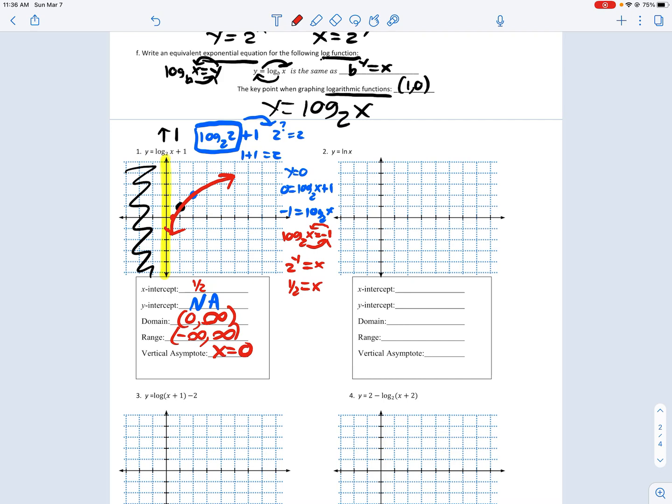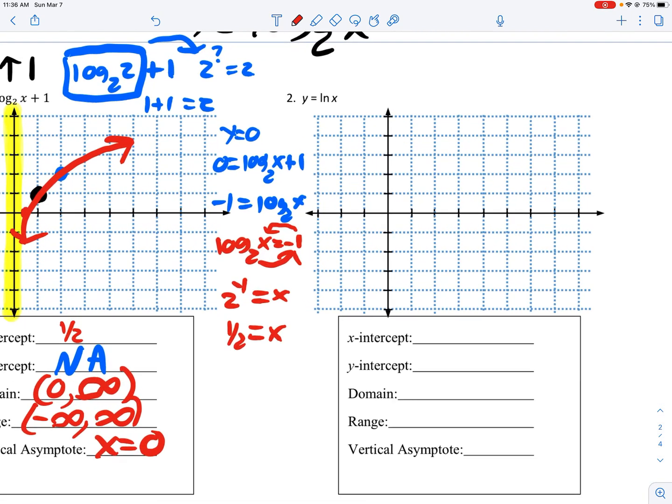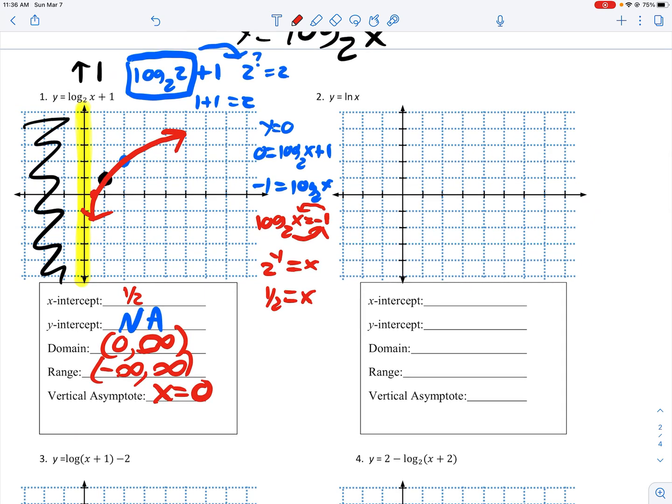Okay, so y equals ln of x. So before we get going, remember that's the same thing as log base e of x. So from here, it has not been shifted left or right, up or down, so the key point is still 1, 0.